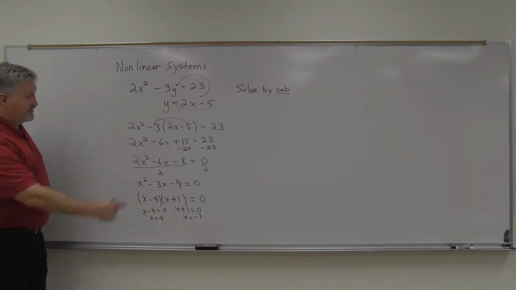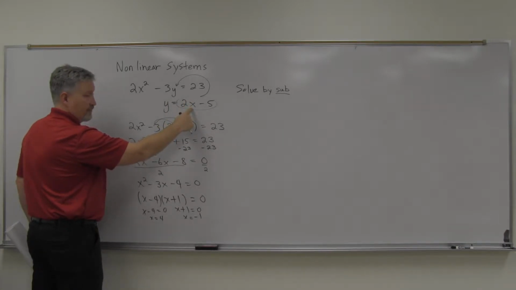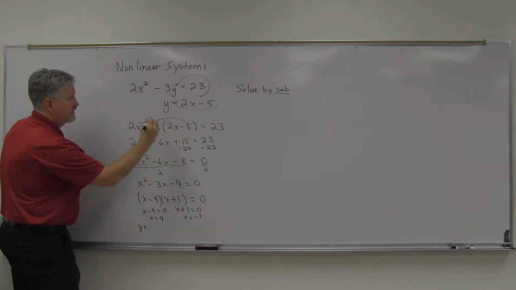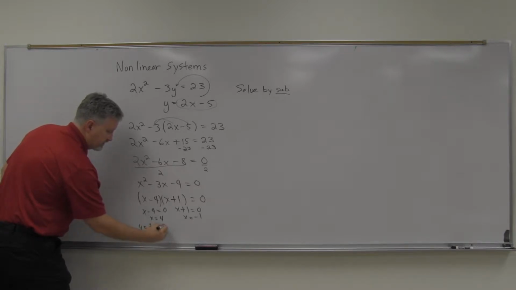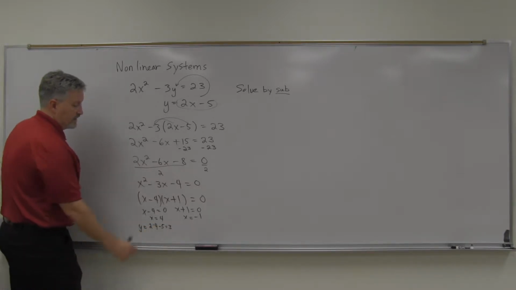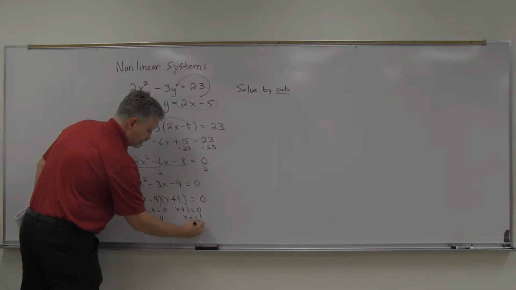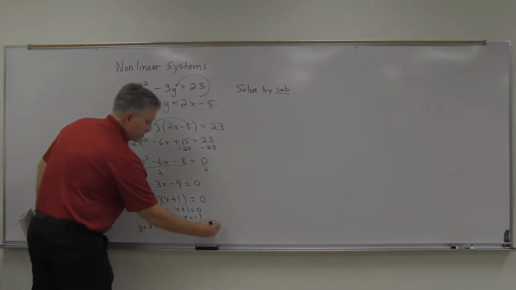Now, in this particular case, you would want, obviously, to go back to this one to figure out what y is. So y is 2x minus 5, so here we'd have y equals 2 times 4 minus 5, which would be 8 minus 5, so 3. And then the x is negative 1 to figure out the other one. It's negative 2 minus 5, so that's negative 7.